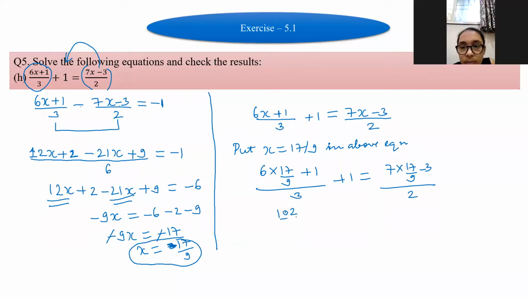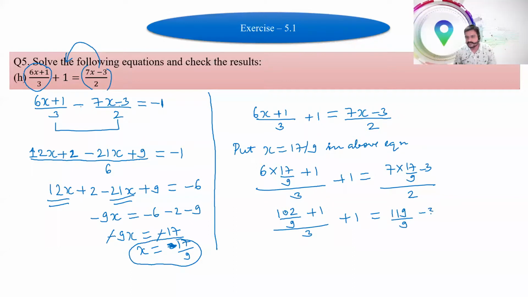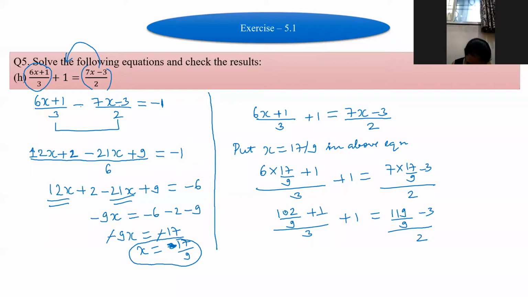It is 102. So 102 upon 9 plus 1 upon 3. What is 17 sevens? 119. So 119 upon 9 minus 3 upon 2.